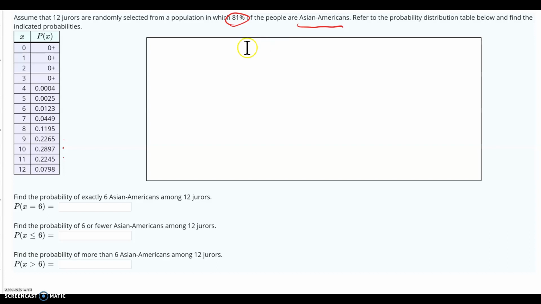All right, so let's diagnose here how this table and what everything means. So X represents the number of Asian Americans on the jury out of 12.